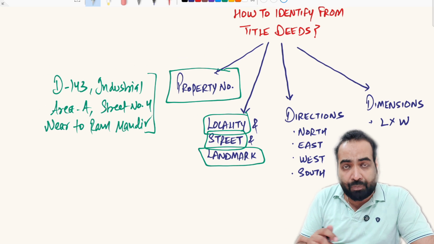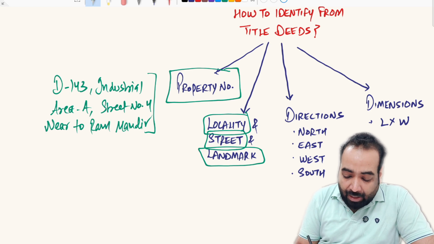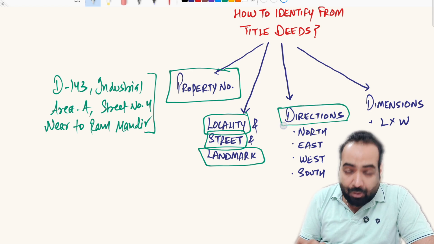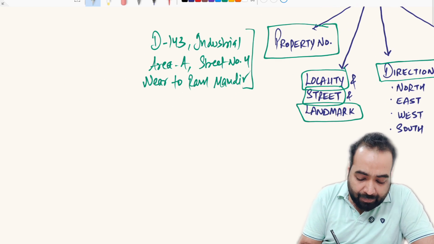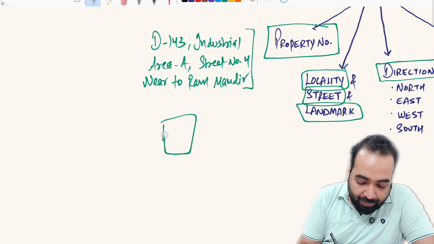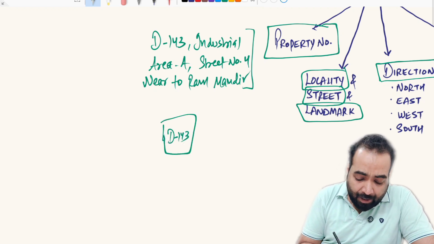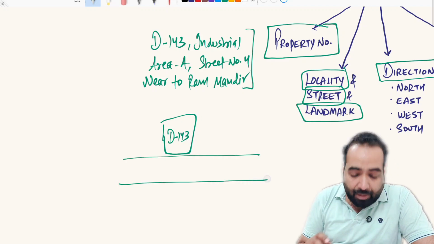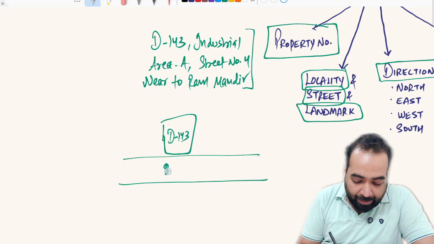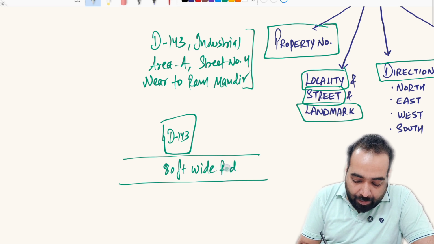Besides this, the directions of the property are also mentioned. And what are the directions? For example, this is D143 property, and this is the road. This is the road that is 80 feet wide, right?